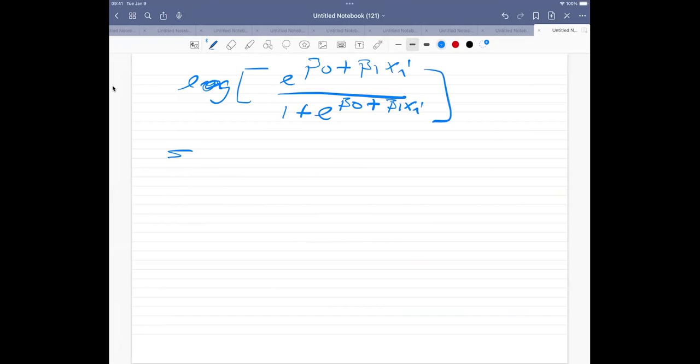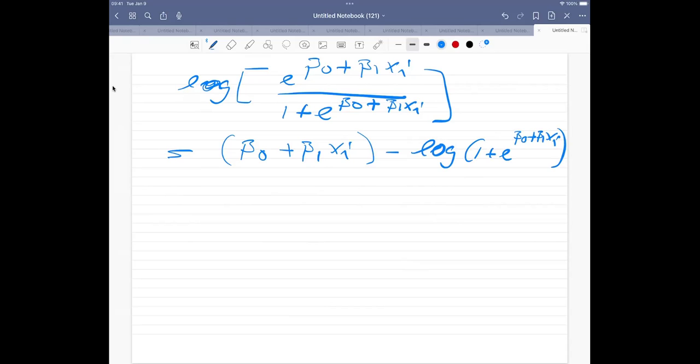And we know that the first term is just beta_0 plus beta_1 x_i. And then I get a minus, and then I have log of 1 plus e to the beta_0 plus beta_1 x_i. So that's just an intermediate calculation. And with that one, we can go back to the equation which we have.